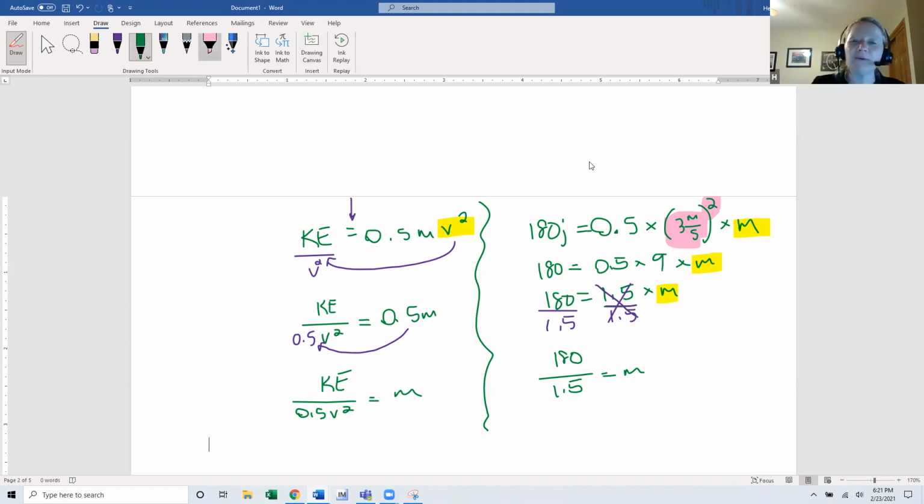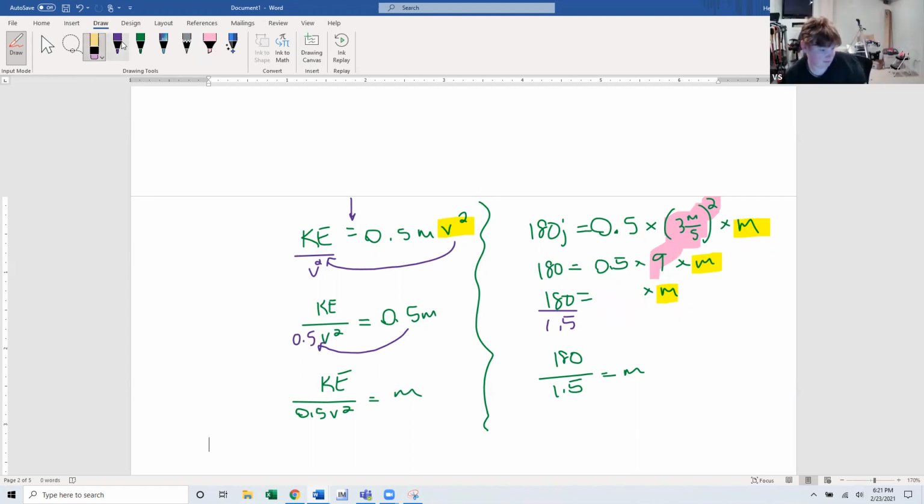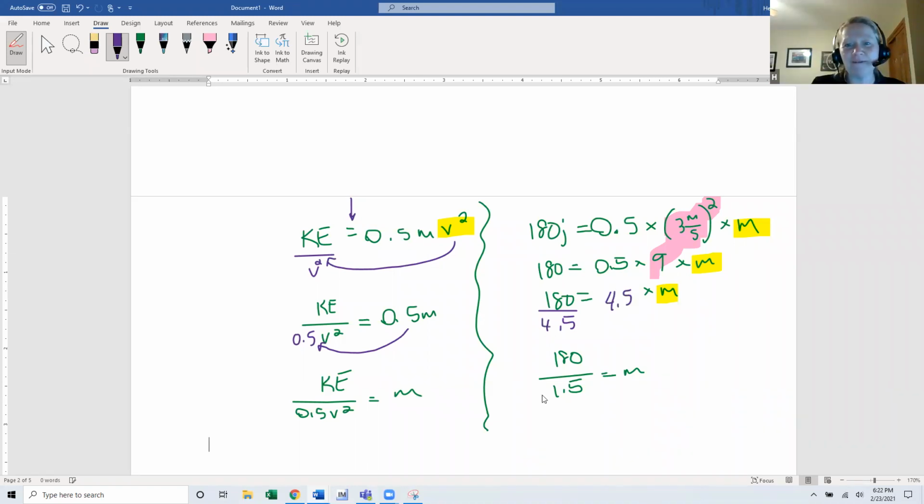So this is where we took our little turn for the worse. That's 9. Good thing you did that, Victoria, so that we caught it. Good thing I looked at my answer. So this becomes 4.5, and here we have 4.5, and here we have 4.5.